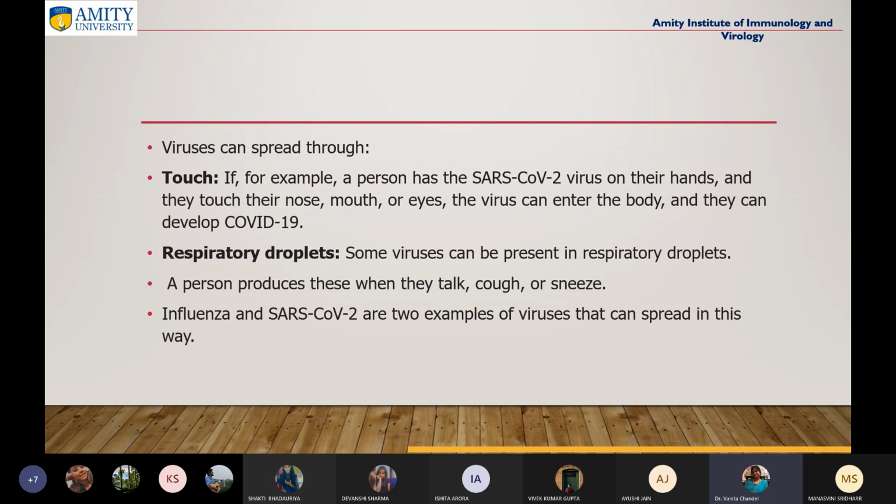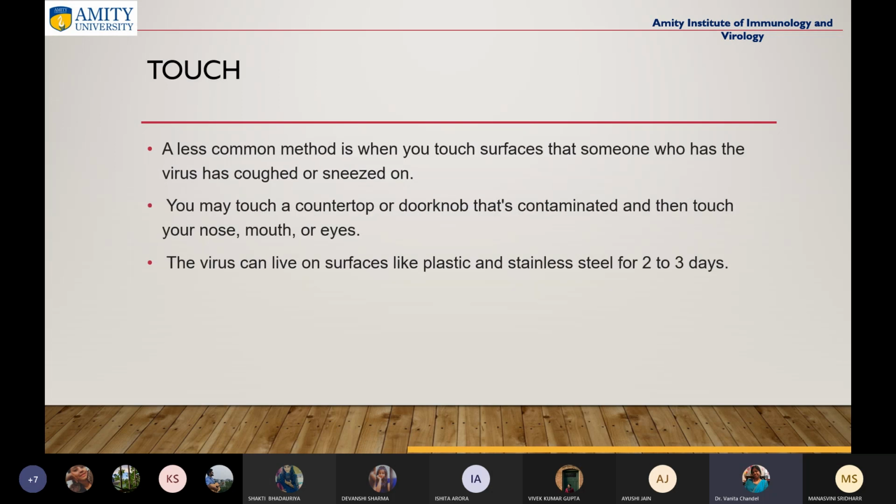For example, a person has SARS-CoV-2 virus on their hands and they touch their nose, mouth or eyes, the virus can enter the body and they can develop COVID-19. Persons produce droplets when they sneeze and cough, so viruses can be transmitted that way also. A less common method is when you touch surfaces that someone who has the virus has coughed or sneezed on.